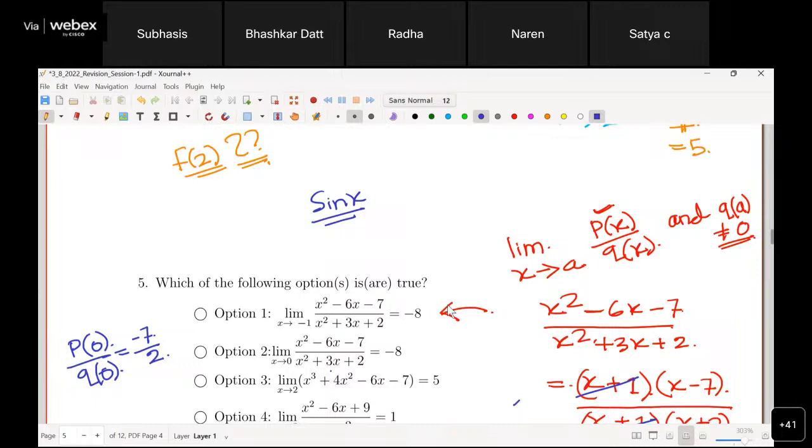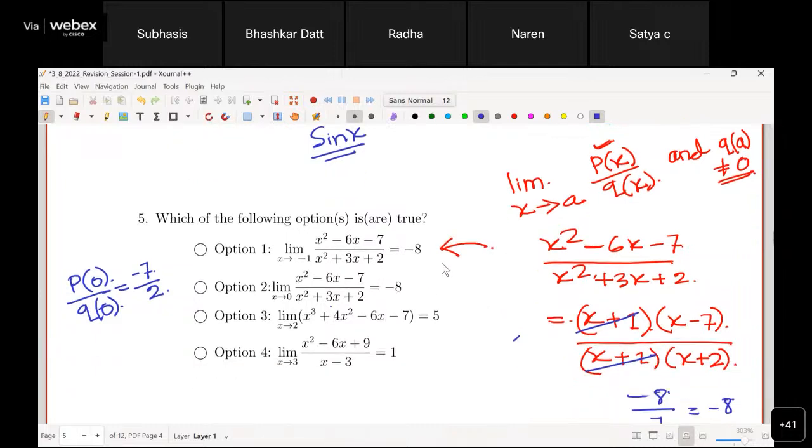Here, if I substitute minus 1, I'm getting 0 by 0, so what I'm doing is factorizing it. But I can't factorize sin x, or maybe e to the x or something else.